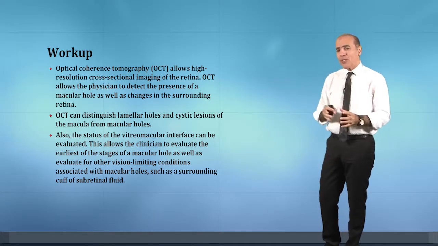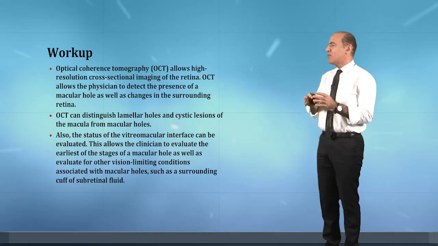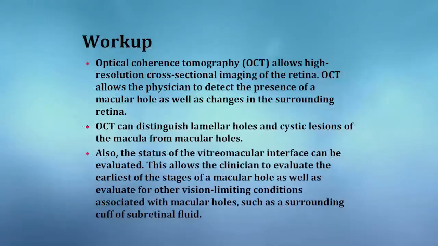With the advent of OCT, especially spectral domain OCT, it is very helpful in such cases because it gives me high resolution cross-sectional imaging of the retina. OCT allows the physician to detect the presence of any macular hole as well as the changes of the surrounding tissue, not only the retina-vitreous interface relations, any traction, any partial traction, any complete separation.